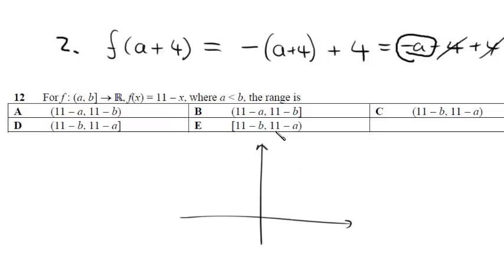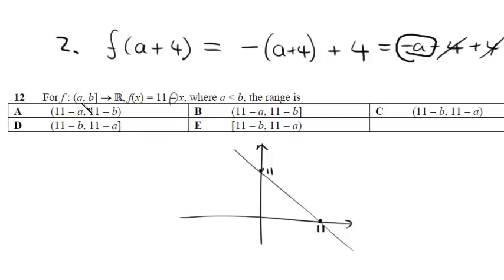So the y-intercept is 11 here, and it's going down because it's the straight line, it's the gradient of -1. And if you find the x-intercept as well, it'll be 11 as well. Because if you let this y equal to 0, then you can figure out x to be 11.